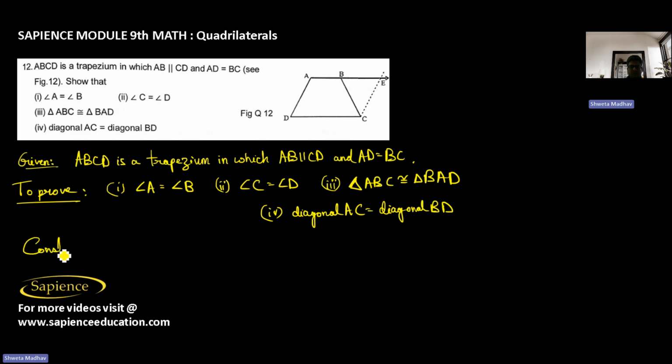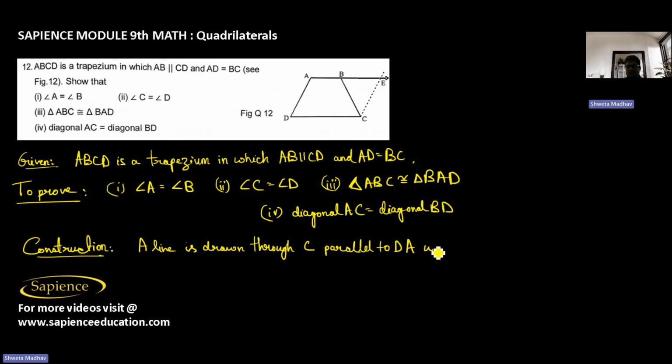First we have to write one construction, that a line is drawn through the point C, which is parallel to DA, which intersects AB extended at the point E. Then we'll write the proof.